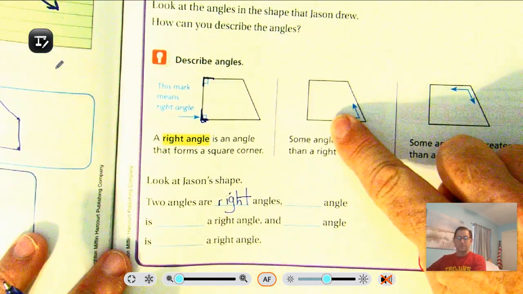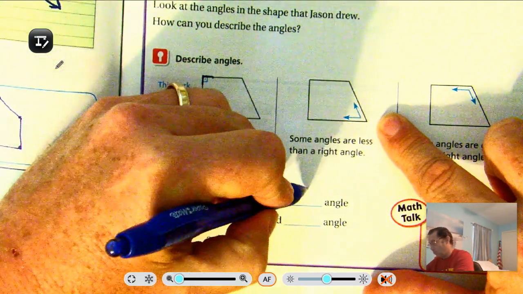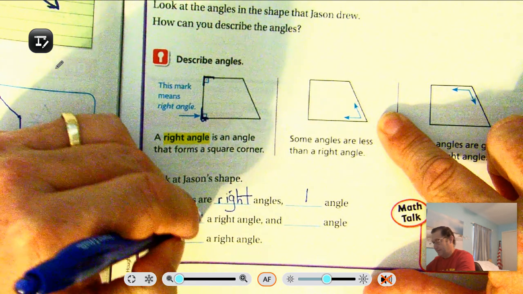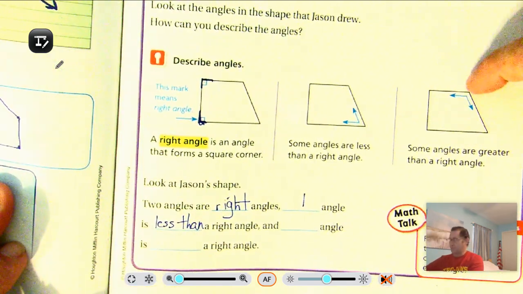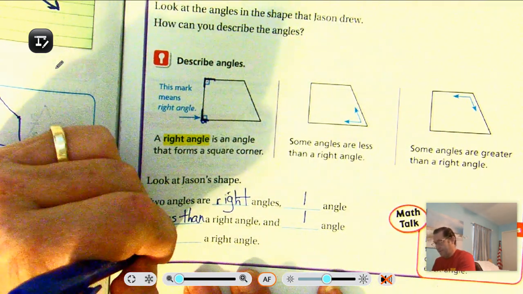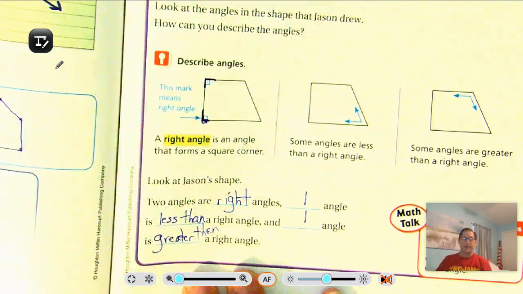One angle, this one here, is less. So one angle is less than a right angle. And this angle up at the top of his drawing was greater than a right angle. Okay?